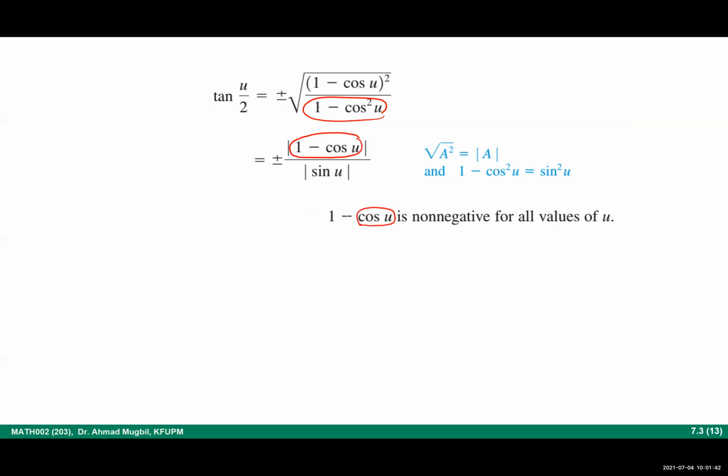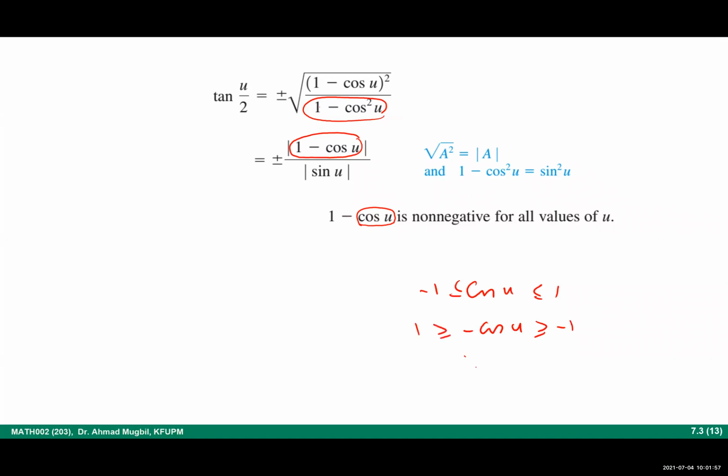If you multiply it by negative, it will still be between -1 and 1, greater than or equal to -1, less than or equal to 1. If you add 1, it will be between 0 and 2.